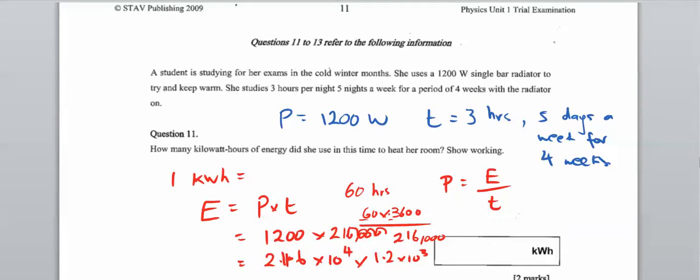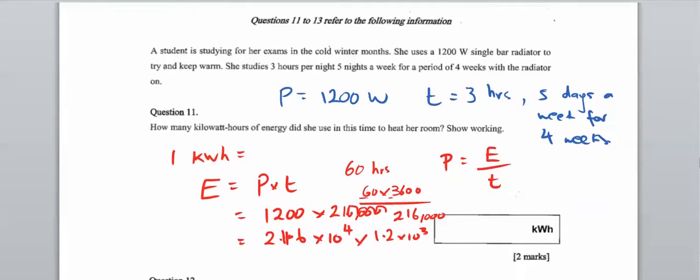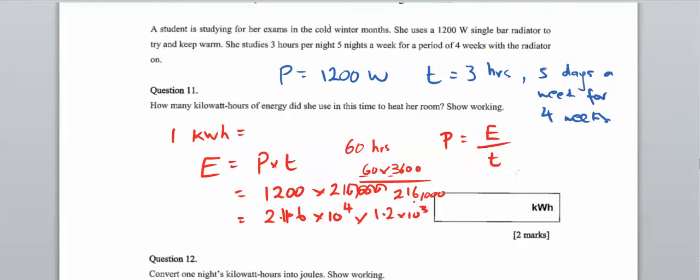So guys, what's 21.6 times 1.2 in your calculator, please? 25.92. Okay, cool. And we've got by 10 to the power of 7. So this is in joules.